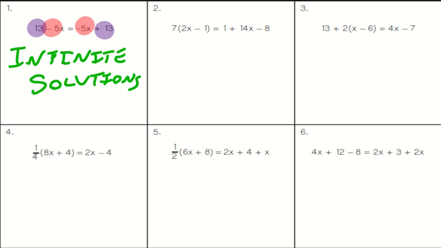Number 2 looks a little different. What would we do first to solve this? Distribute. We still got to distribute. So when I distribute, I get 14x minus 7. We also have to combine any like terms. I'm going to go ahead and do that for the right side. I got a 14x, and +1 and -8 makes a -7.